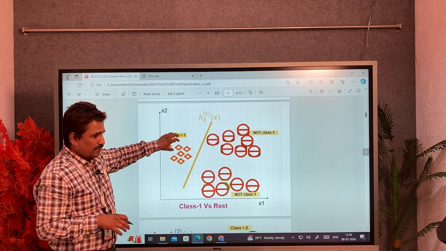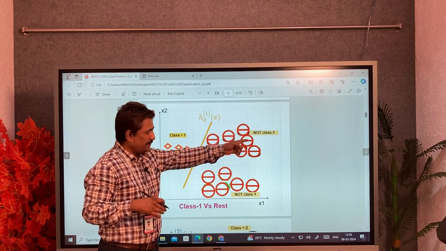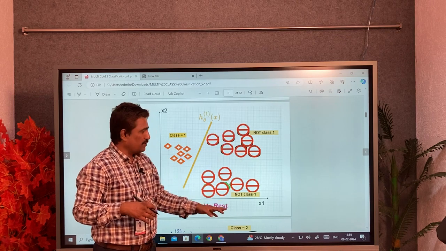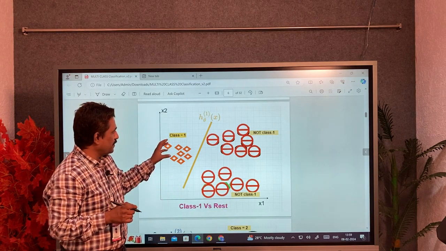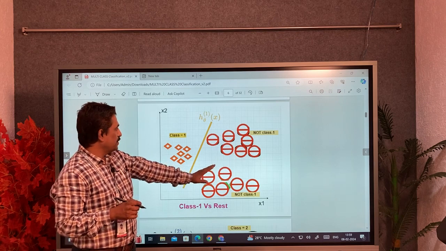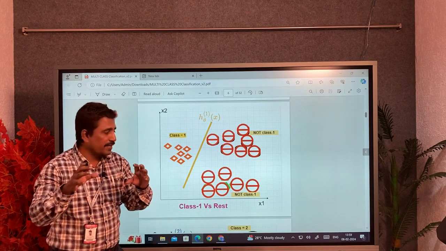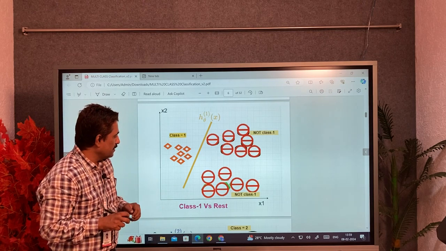We are interested in class 1 versus remaining, so the remaining is treated as not class 1. Class 2 is treated as not class 1, class 3 is treated as not class 1. So, only 2 things are there: either class 1 or not class 1. It is a positive example, and a negative example. So, you have to modify the given training data set into a binary classification data set.